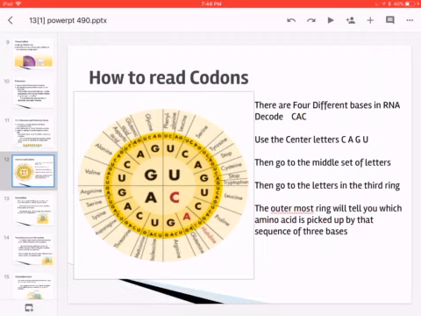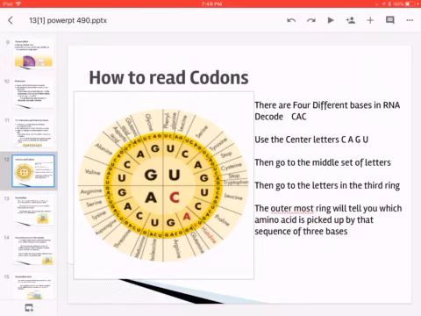Then my second nitrogen base is A. So I'm going to go to my second ring, and you see A that's posted there in red. So far I have C, A, and then I'm going to go to my third base, which is another C. So you see it in red there, CAC. And the amino acid that CAC codes for is called histidine.